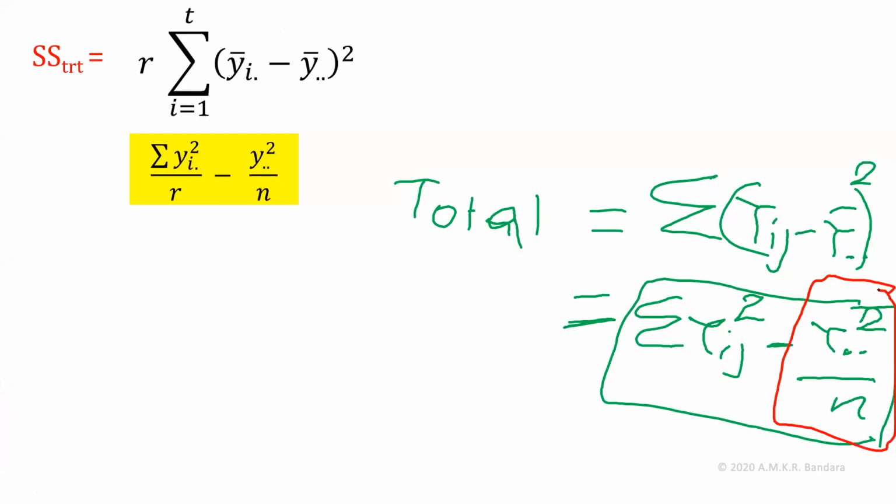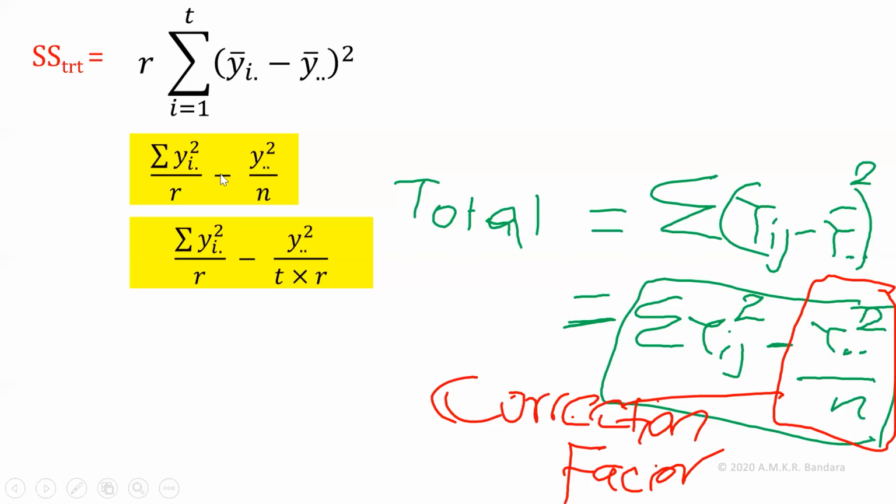This part is common to the total variation formula as well as the treatment variation formula. We call this part the correction factor.